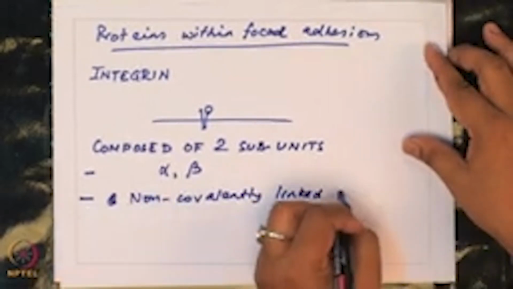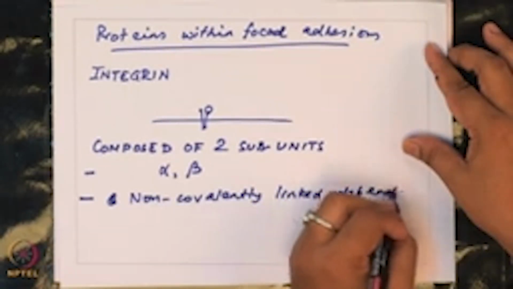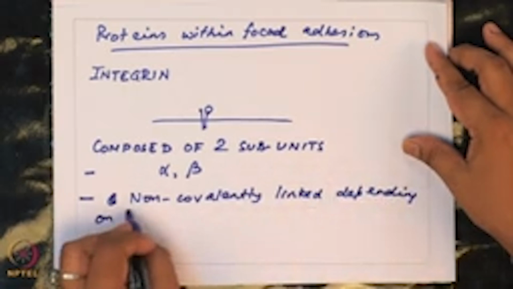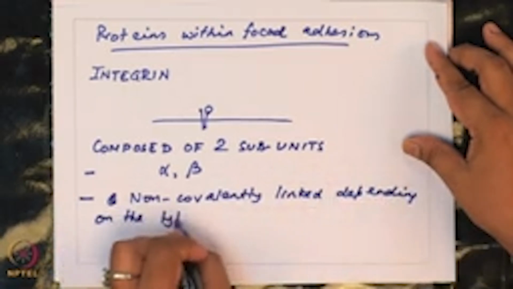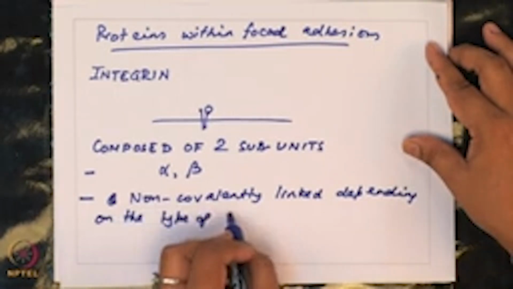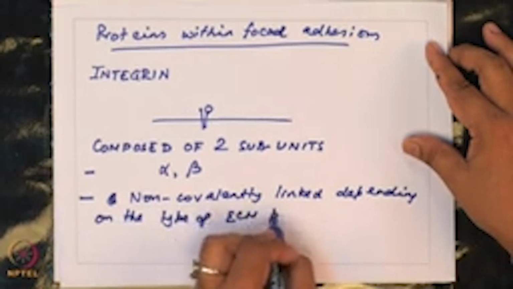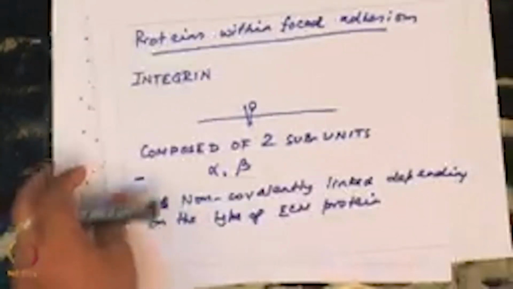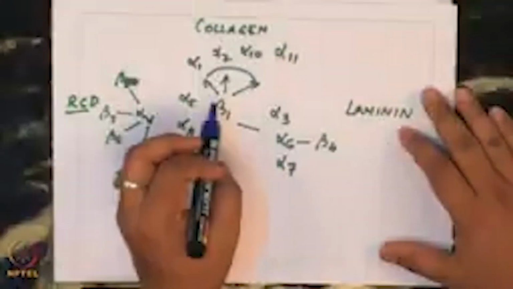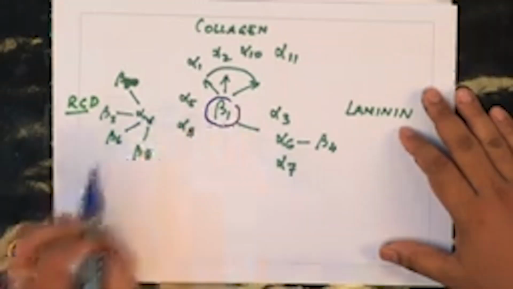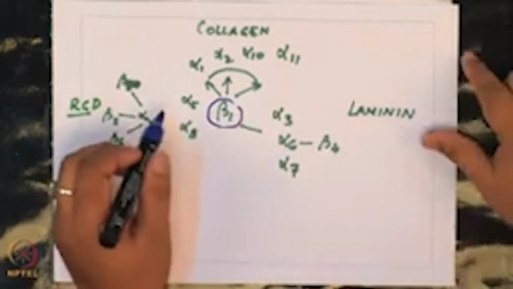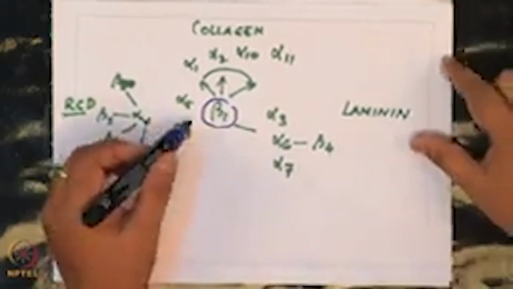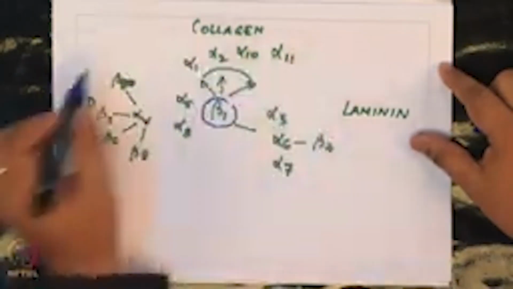Okay, depending on the type of ECM protein. So, if I were to look at some of the combinations of integrins, here I have drawn, in the center, beta 1, and what you see is beta 1 is common to many of the integrin combinations.